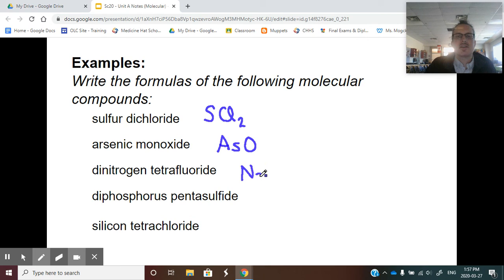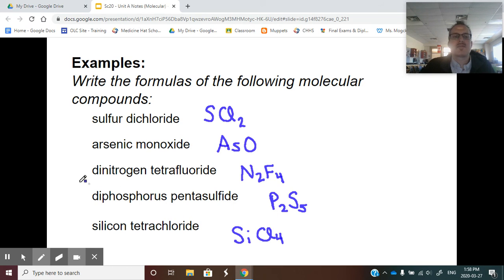Dinitrogen, N2, tetrafluoride, F4, tetra is 4. Diphosphorus, that's P2. Pentasulfide is sulfur, penta is 5. And silicon is Si, tetrachloride, Cl4.